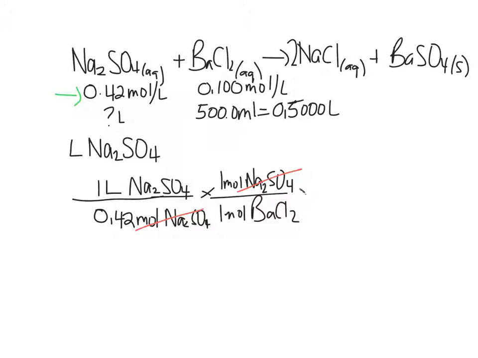We're left with moles of barium chloride, which we have in our concentration. There's 0.1 mole of barium chloride for every 1 liter of barium chloride.